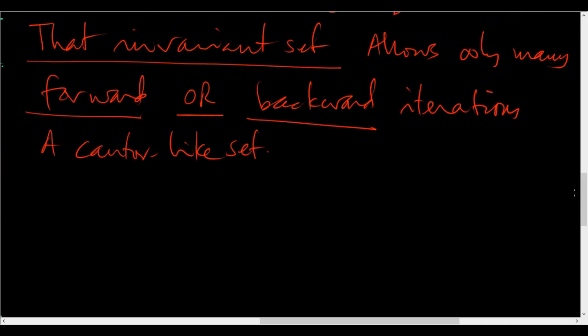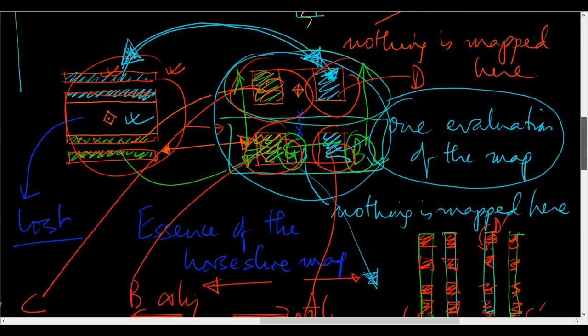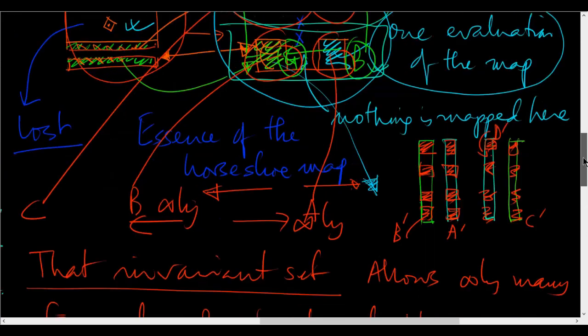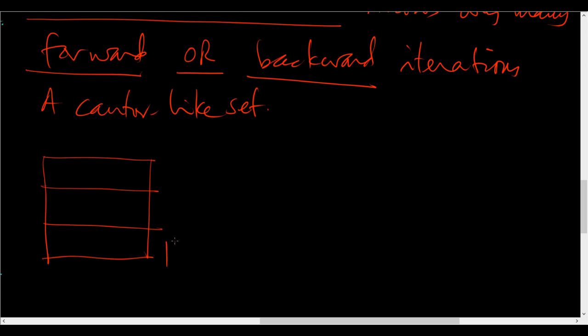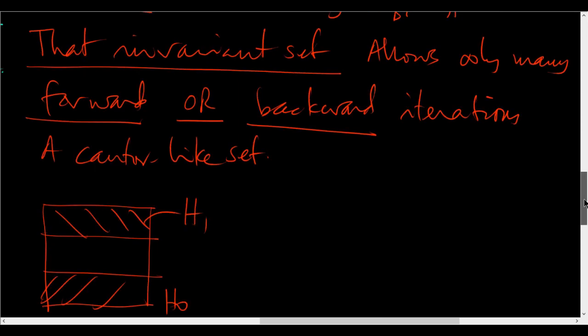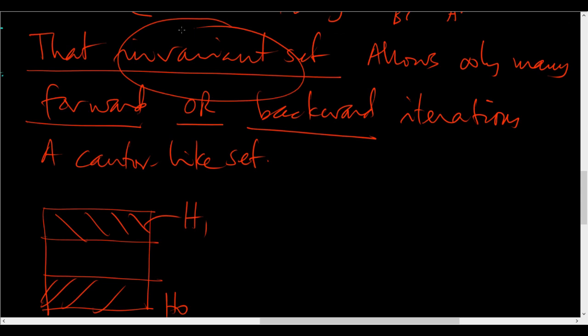Because forward and backward iterates are both allowed, now we can just look at this part here. So what we can do is look at these two horizontal stripes, and we will call this one H0 and this one H1, and we can describe any point in the invariant set like this.